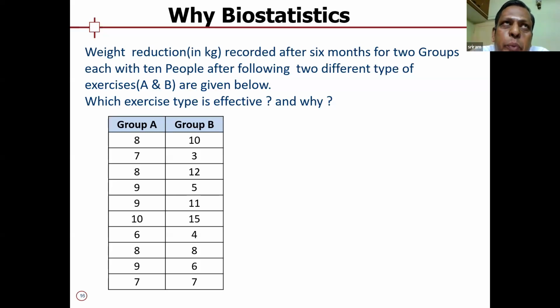Statistics helps you because, just looking at the figures, usually people will take the average and conclude that both are the same. So here, statistics will help you. How does it help here to know the difference? How does statistics help you to know the difference?